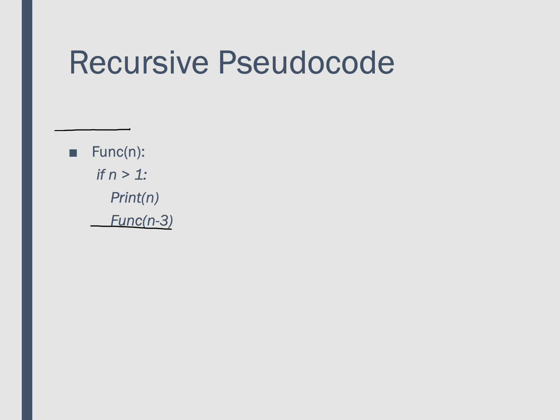This function doesn't explicitly define a base case, but it indirectly relies on the condition n greater than 1. Once n is less than or equal to 1, the recursive calls stop. That means if n greater than 1 is false, it stops the recursion.